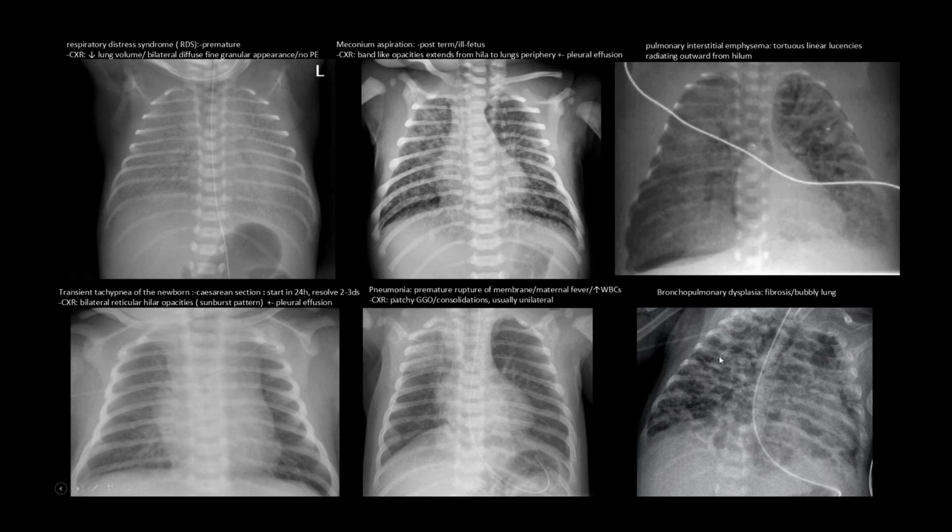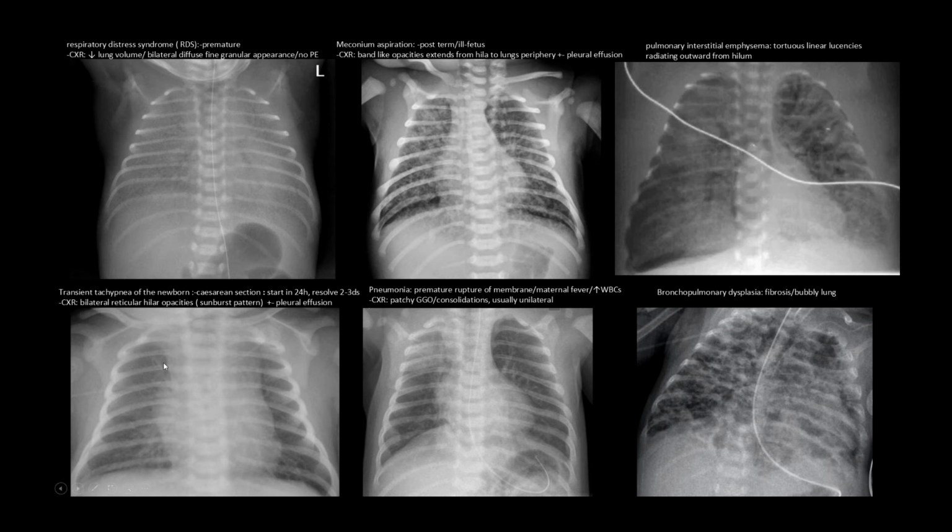Bronchopulmonary dysplasia is a late stage of fibrosis and cystic change. And here the lucencies are not linear but rounded, giving the lungs a bubbly appearance. So in conclusion, the differentiation is first by presentation and second by radiological findings. RDS will be bilateral diffuse granularity.